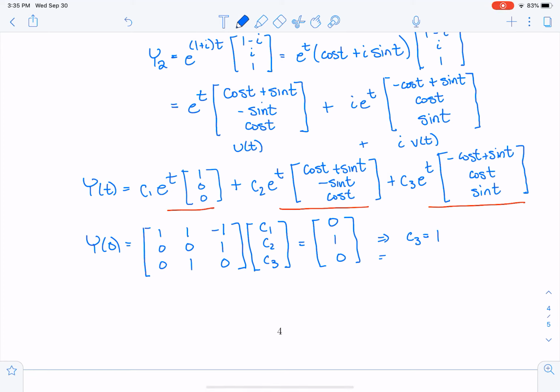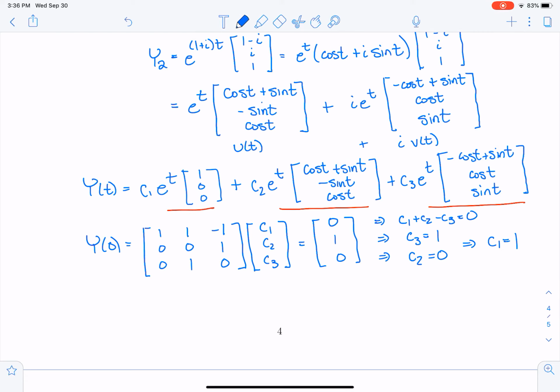We can see from the third row that c2 is equal to 0. And so when you combine those two things, then you can see that we have c1 plus c2, which is 0, minus c3 is equal to 0. So essentially c1 and c3 have to be the same. So c1 must be 1.